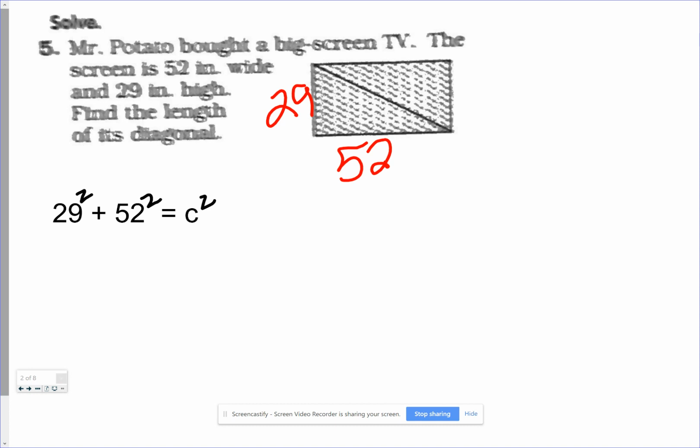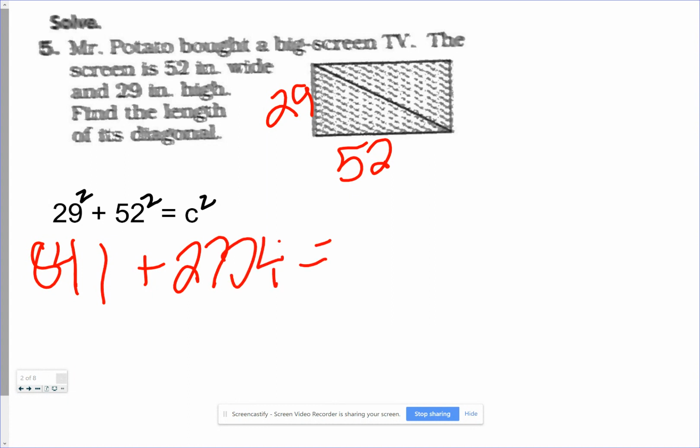These are both of your legs, so this is an addition problem. And when you take 29 squared, which is something like 841, and you take 52 squared, which is really big, 2,704, that is what c squared is equal to.